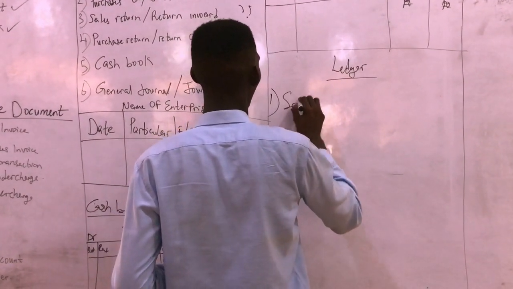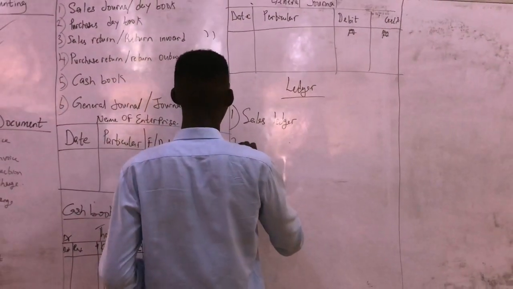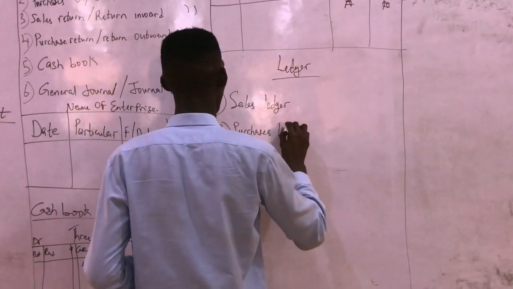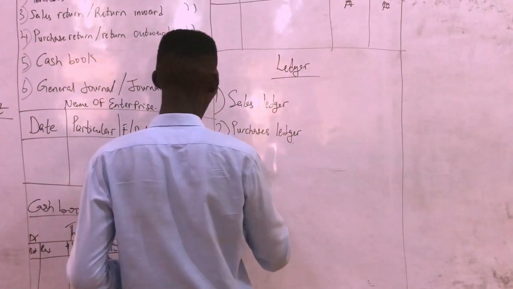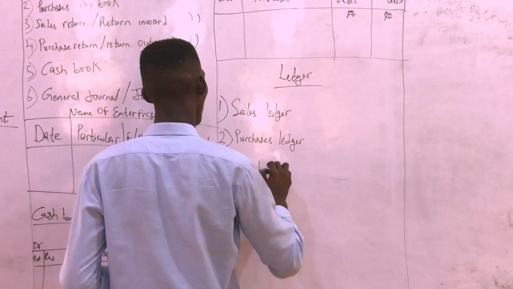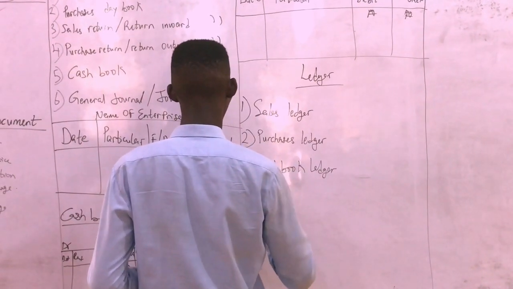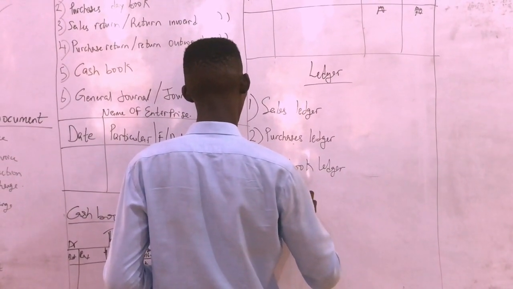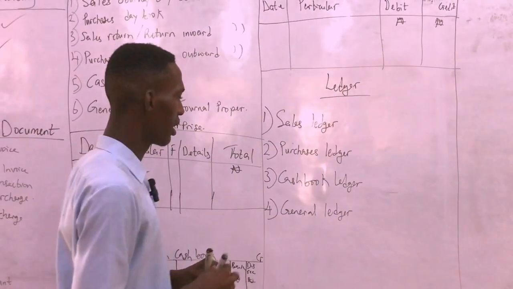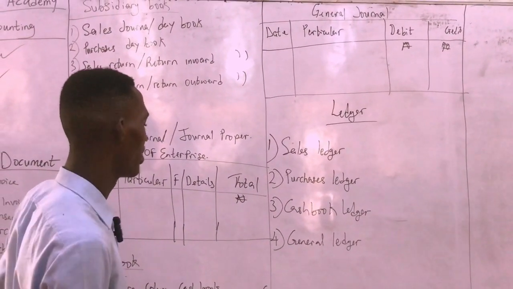We have your sales ledger, purchases ledger, cash book, and our general ledger. Sales ledger, purchases ledger, cash book ledger, and general ledger.